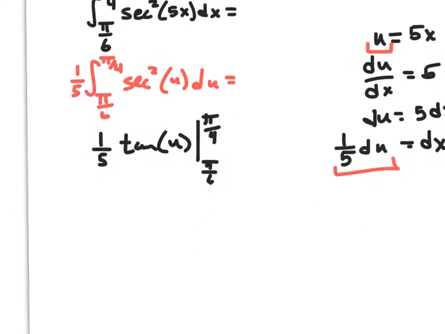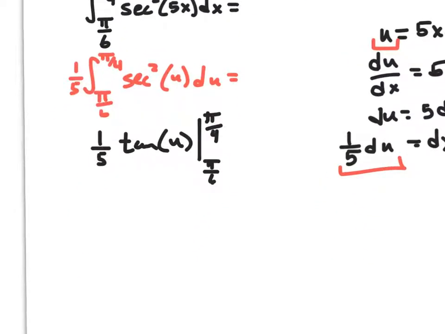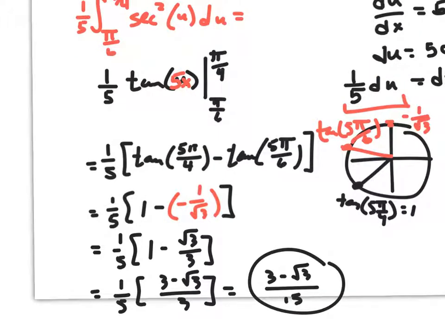I'm going to evaluate off camera and let's see if we get the same answer. Okay, one quick thing. U is 5x. Make sure you switch that back and then work with evaluating your definite integral. Alright, so I did some evaluating here. I think I did this correctly. As I plug in pi over 4 and pi over 6, I get 5 pi over 4 and 5 pi over 6.